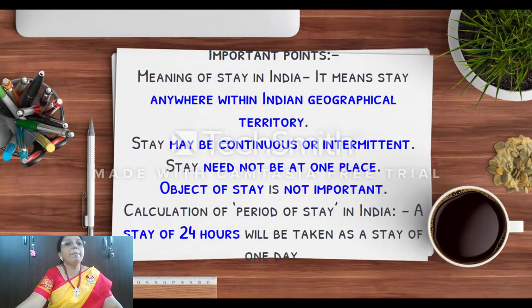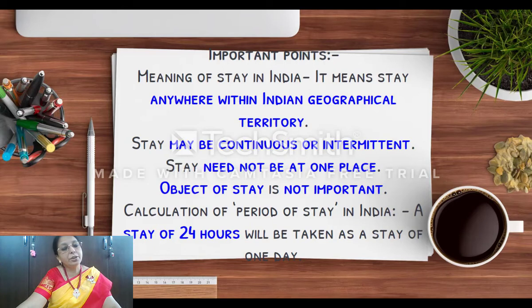So the more important points that we should know when we say about staying in India: anywhere within the Indian geographical territory he can be, not in the Indian waters, not in a ship. He should be on land, and even if it is on a ship, it should be within the Indian border. So in the Indian territory, if he is moored in a ship, even that will be stay in India.